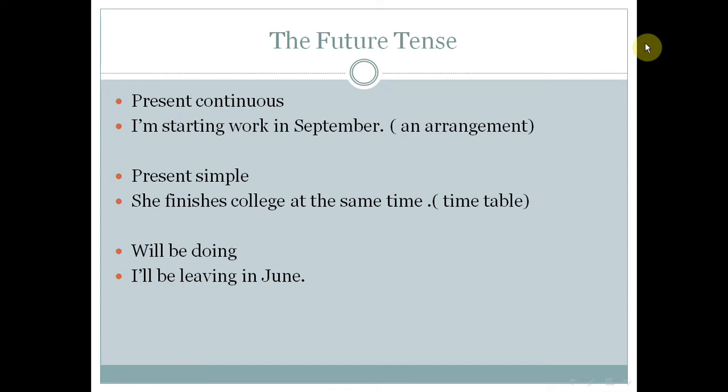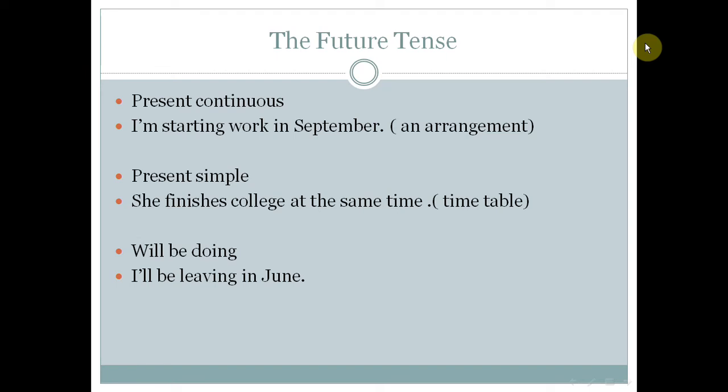Present continuous. I'm starting work in September. An arrangement. So present continuous tense is used to express the future when you arrange to do something in the future. Present simple.